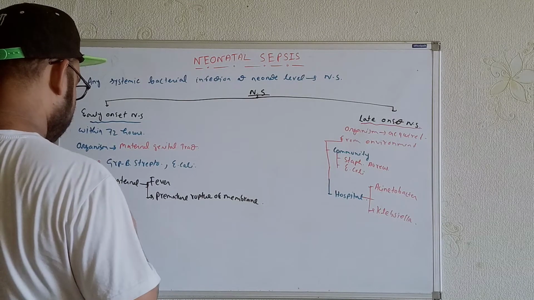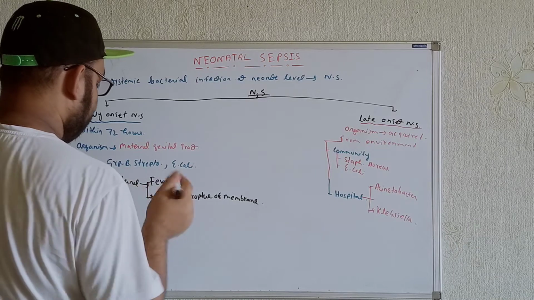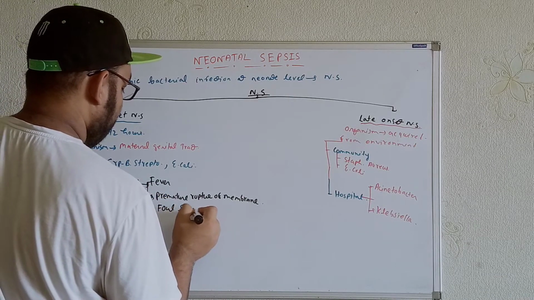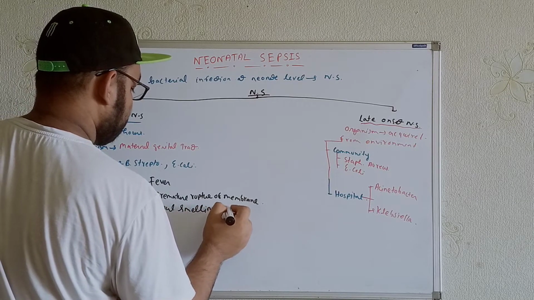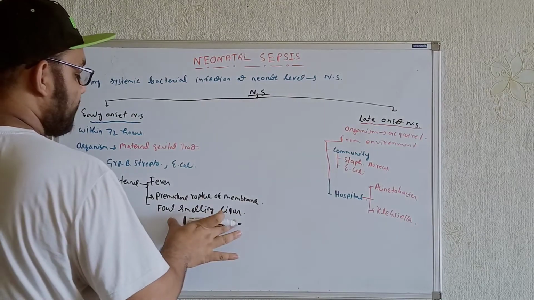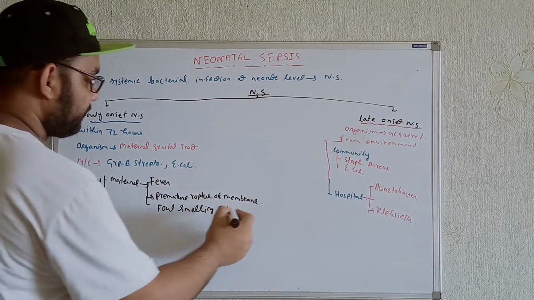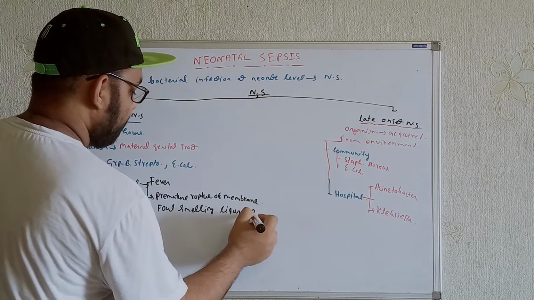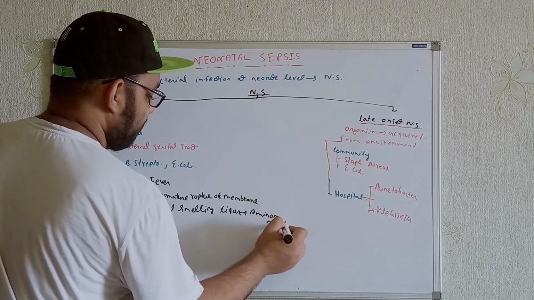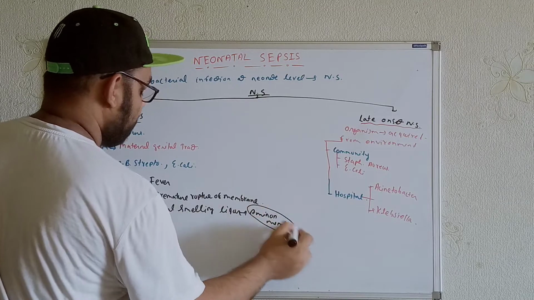And another one is foul smelling liquor. Basically, the infection goes within the amnion membrane, and we get inflammation over here in these cases.